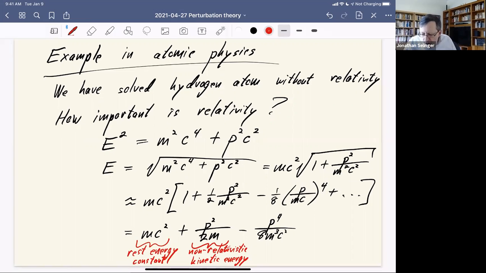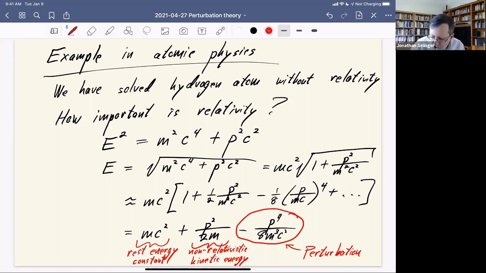Now, if we want to know whether relativity is important, we can look at the next term on the list and say, that's a perturbation. And then we can ask, how does that change the energy eigenstates and eigenvalues for the hydrogen atom? That is a calculation that people do in atomic physics.